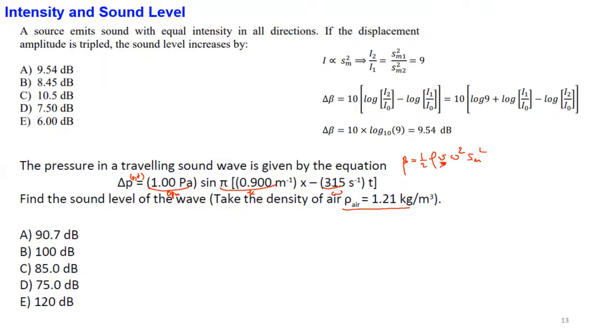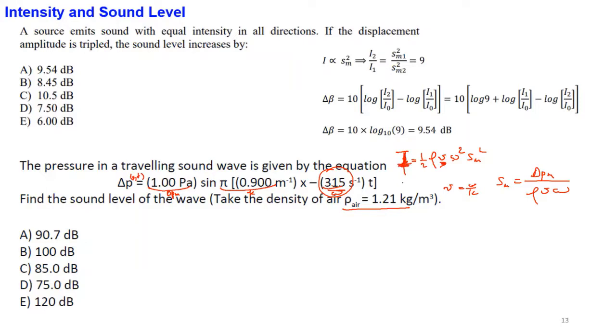You know omega. So V is omega divided by K. And Sm, well, you know that it's delta Pm divided by rho V omega. Sorry, this is intensity, not sound level.